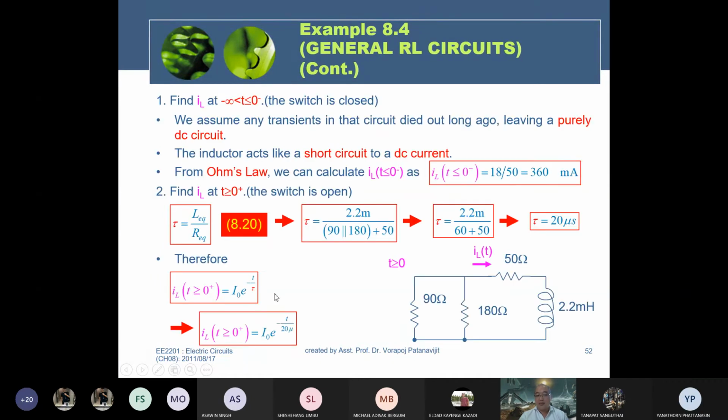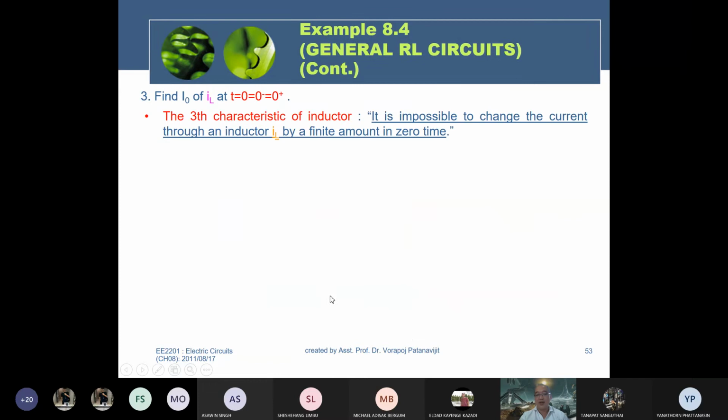For time less than 0, I0, the inductor current, equals 360 milliamp. For time greater than 0, it equals I0 e to the power of minus t divided by 20 micro. Both are equal at time equal to 0, by taking advantage of the third characteristic of the inductor, which states that it is impossible to change the current through an inductor IL by a finite amount in zero time.